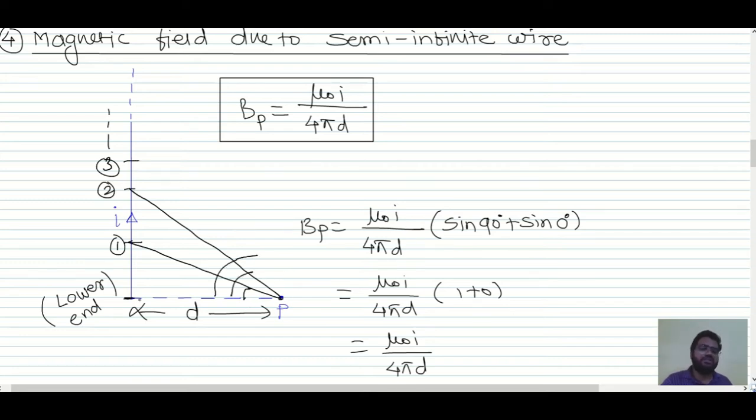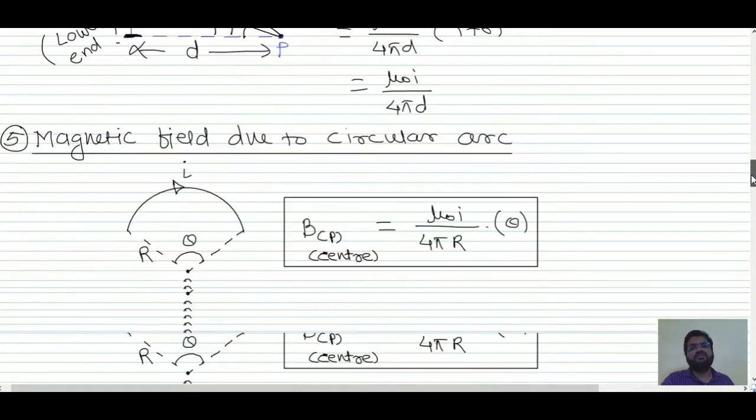Beta is 0. Why? Because from the perpendicular, this lower end is at 0 degree, on the same line. This is 90 degree. So you will get sine 90 as 1 and sine 0 as 0, so mu naught I divided by 4 pi d. So this is the magnetic field due to a semi-infinite wire.